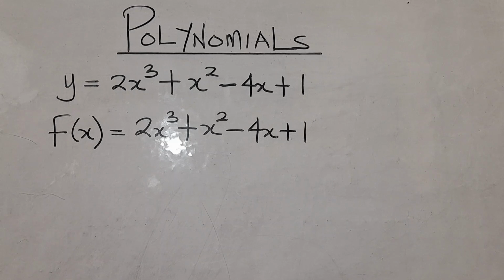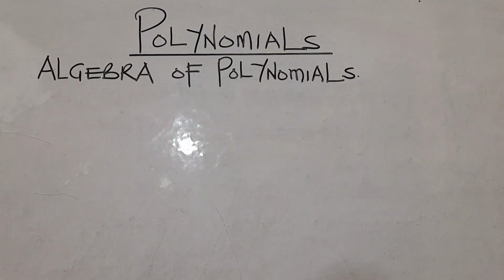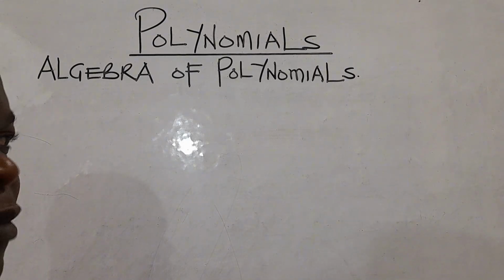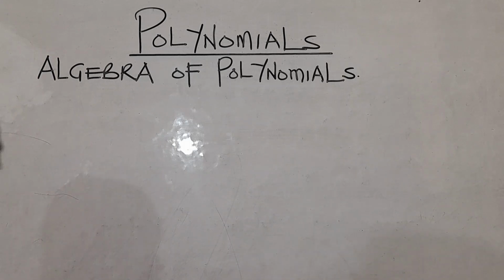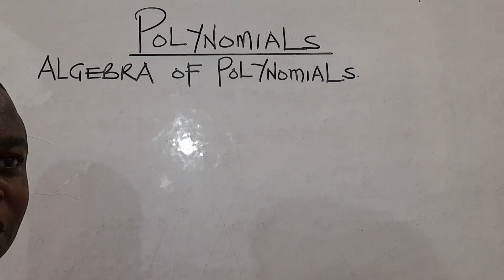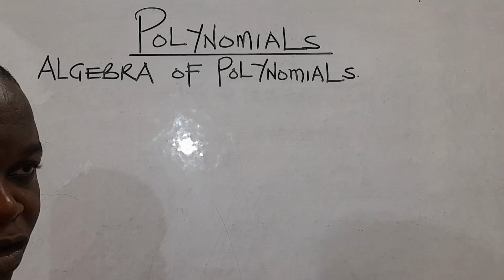Now, we'll go through these stages for understanding polynomials at our level. For us to understand polynomials, we have to deal with the algebra of polynomials: addition, multiplication, subtraction, and division of polynomials.